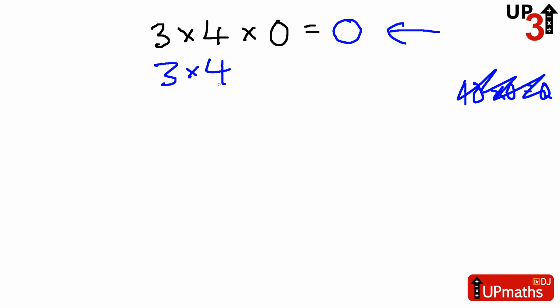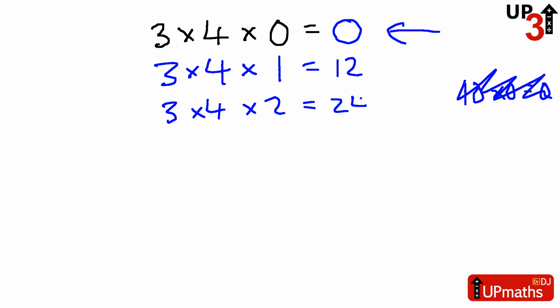What's 3 times 4? That's 12. Times 1, that's still 12. Times 2, that's 24. And similarly, 36 and so on. Oh look, the number pattern strikes again.